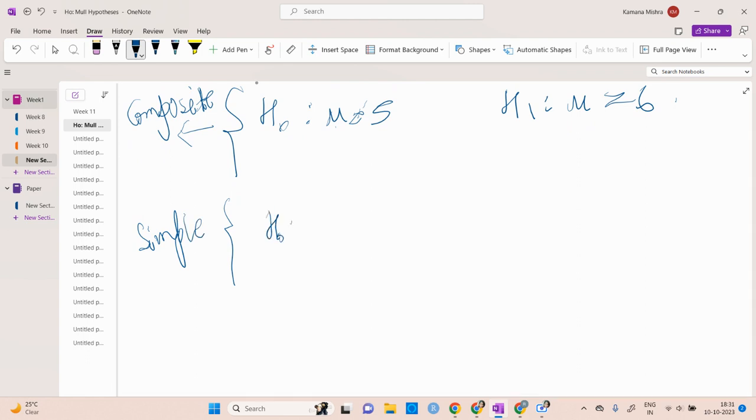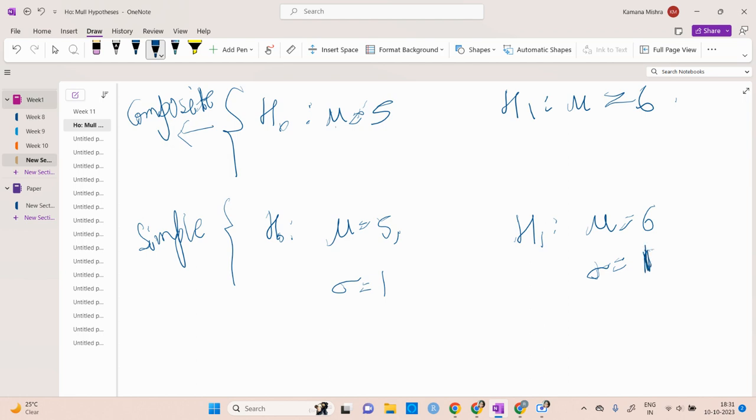The simple one will be where we give the information about that also. Sorry, sigma is equal to 1. So mu equal to 5 and sigma equal to 1, versus mu equal to 6 and sigma equal to 1.